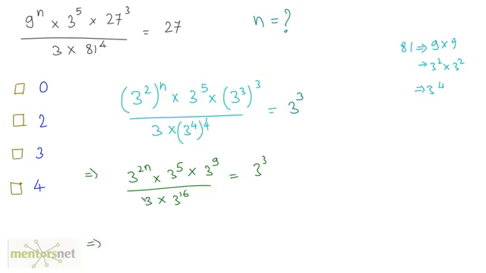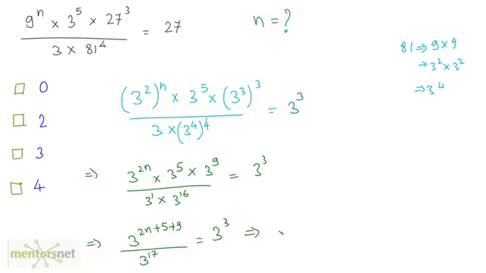Now we have multiplication in the numerator, we can use the law of indices. This can be written as 3 raised to 2n plus 5 plus 9 divided by, in the denominator I can write 3 raised to 1 plus 16, so 3 raised to 17 is equal to 3 cube.